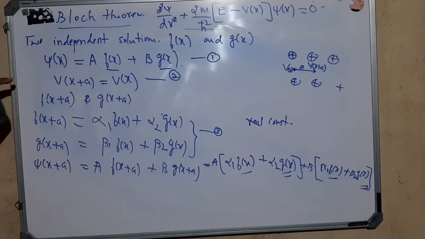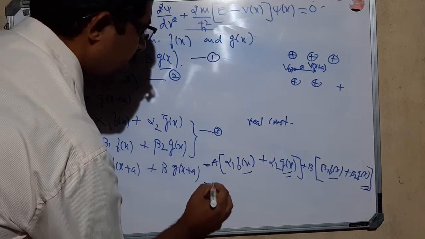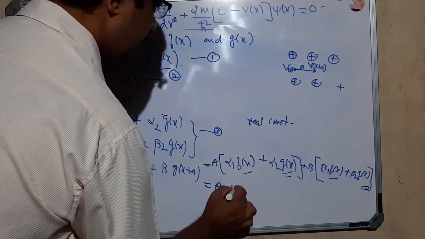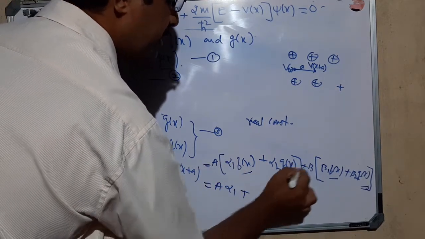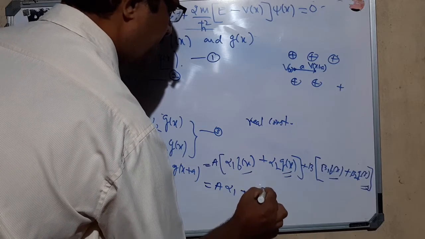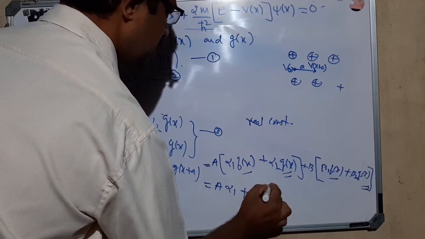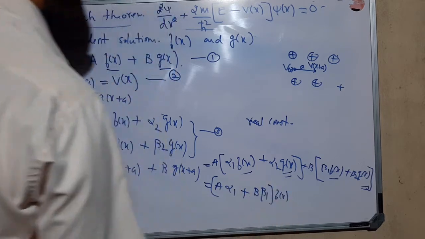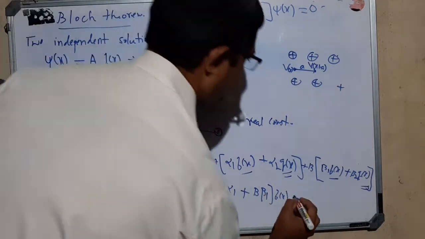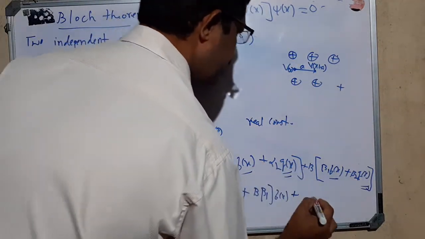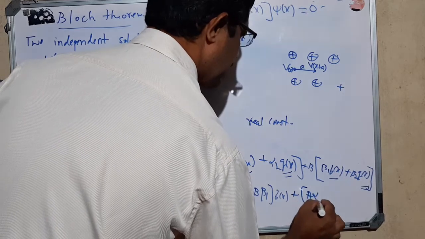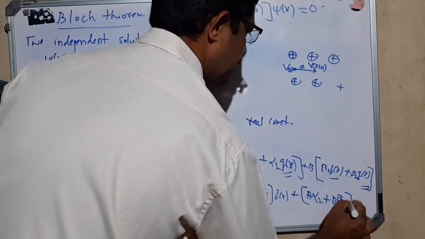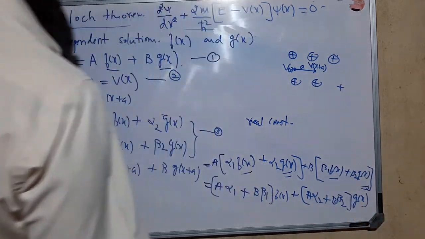So when you perform this, what happens? a into alpha 1 plus b into beta 1 into f of x, plus a into alpha 2 plus b into beta 2 into g of x.